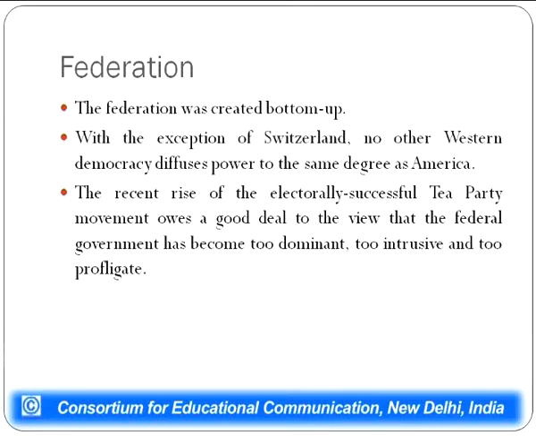Many of the units came together because they thought their economy, their foreign policy, their security were issues which they couldn't tackle by themselves, so they needed to come together. So they sign an instrument and they come together. This kind of creation is called bottom-up creation. So the US Federation is called the bottom-up federation.